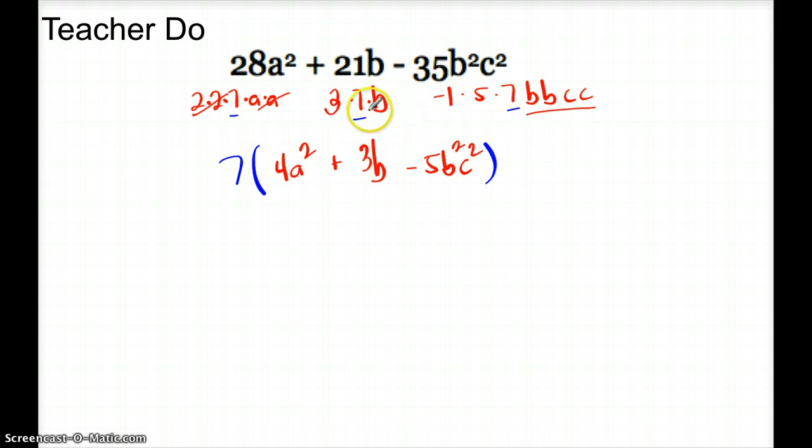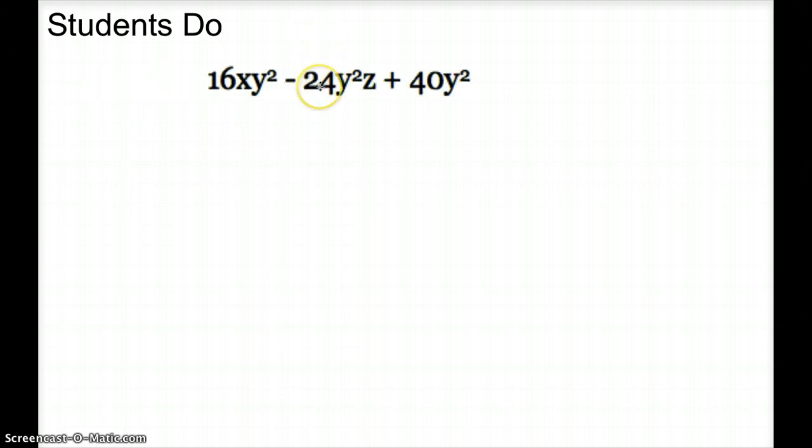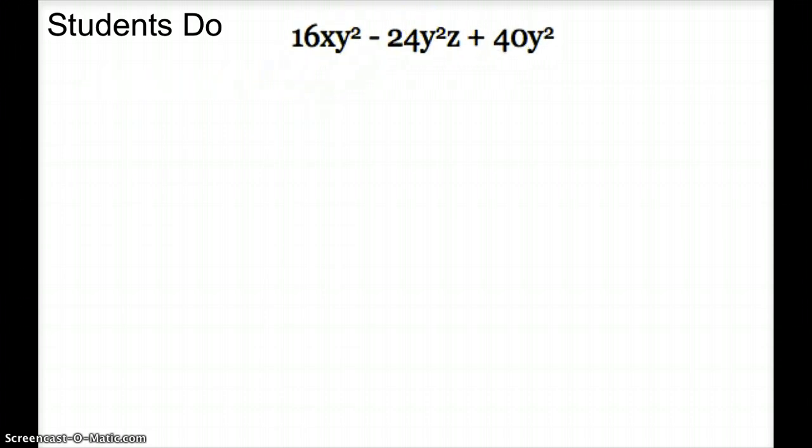Okay, find whatever they have in common for every group. Okay, it has to be the same for all 3 terms. Okay, last students do, same thing. Now, once you get good at this, you can start really dividing in your head really well, really fast. I know that 16 is going to be 4 times 4, which is, there's a 4, and here's another 4.